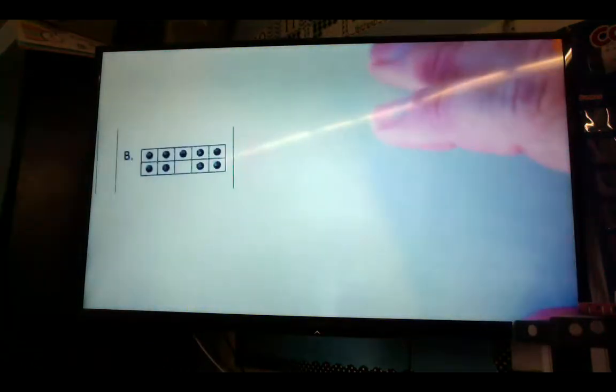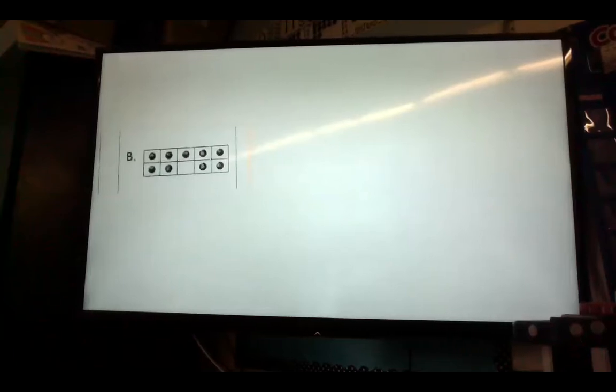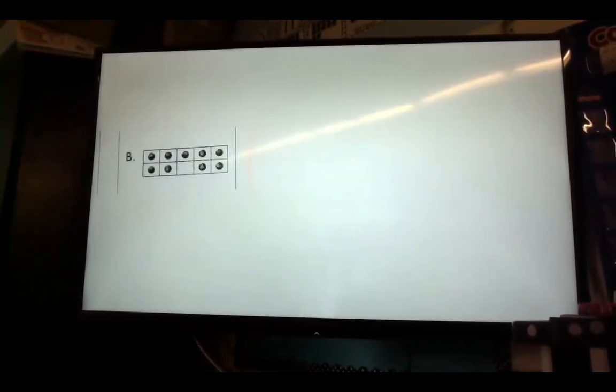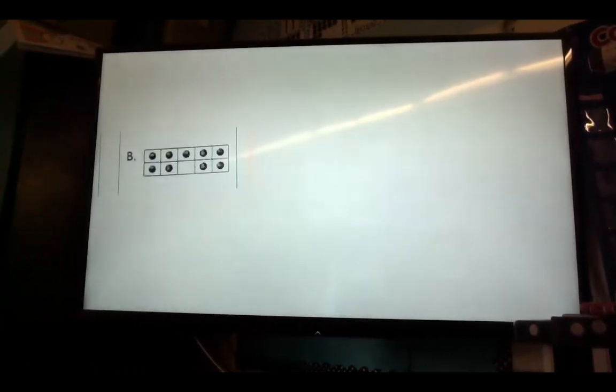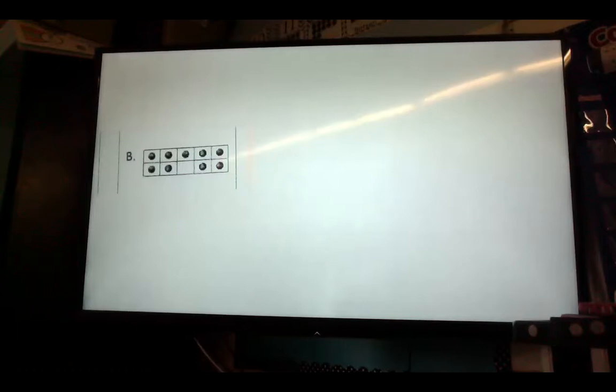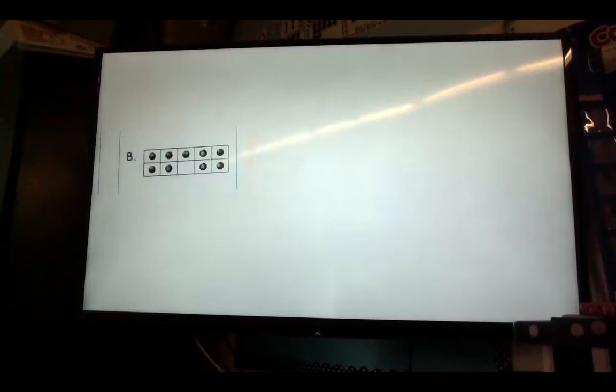Let's look at another 10 frame. How many dots do you see? How do you see these dots?